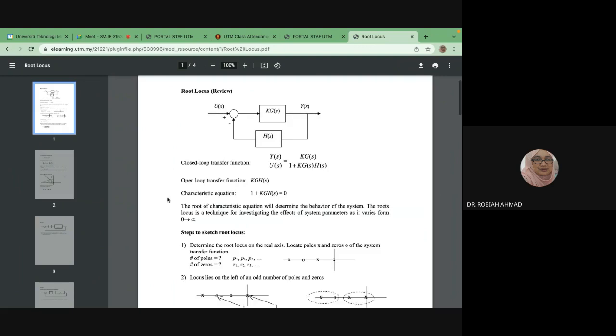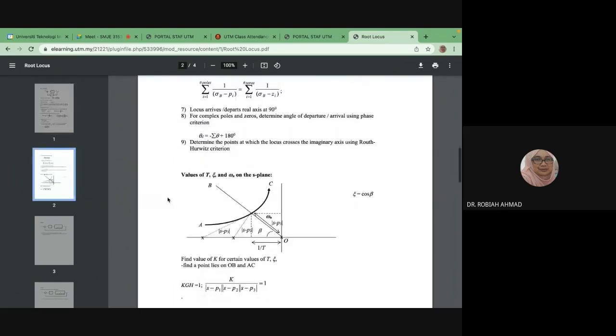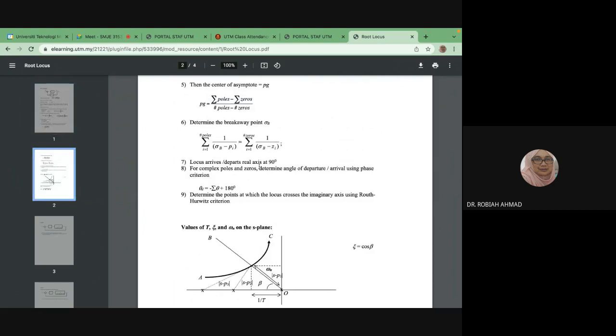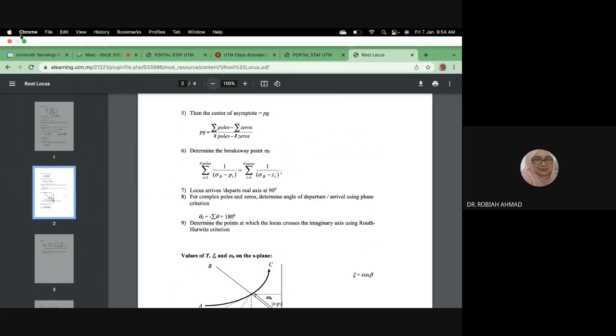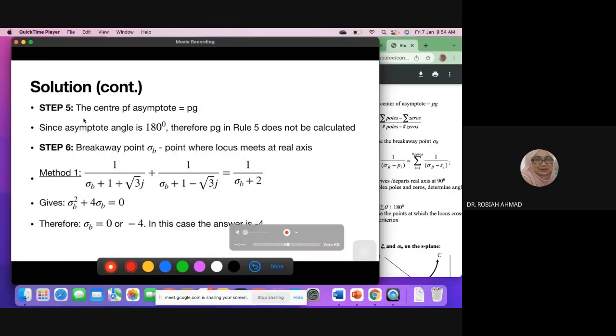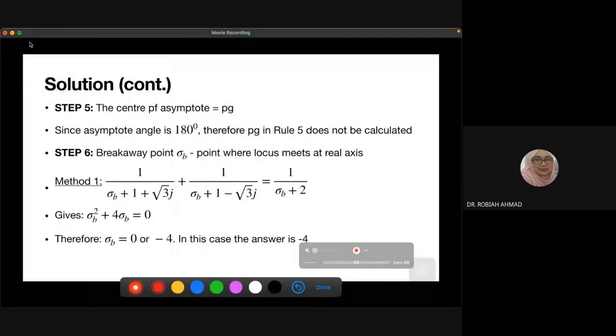If you go, as you go along with the examples, dah master lah dah all the steps. Okay, if you look here, the step number 6, saya bagi satu sahaja method lah. So this method is method 1: summation of 1 over breakaway point minus P1 equal to summation of 1 over breakaway point minus zeros. So dalam case ini kita balik-balik pada our examples here. For the method 1.